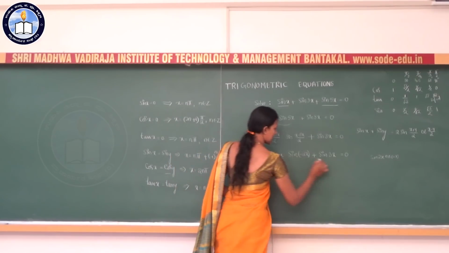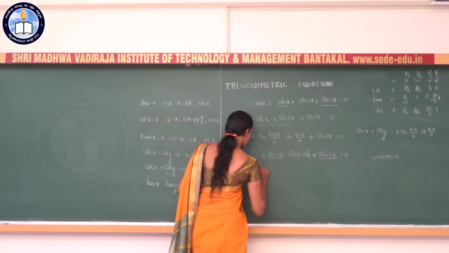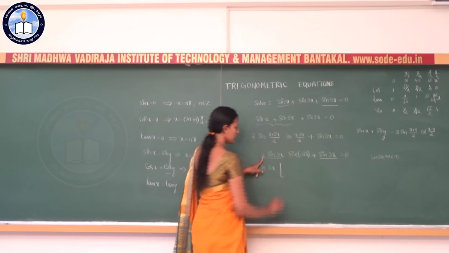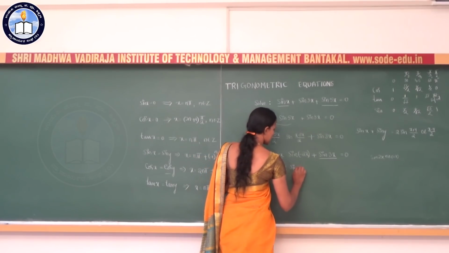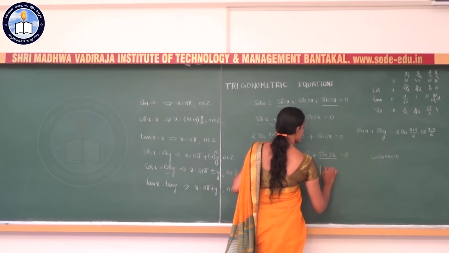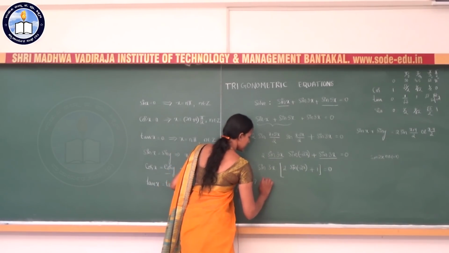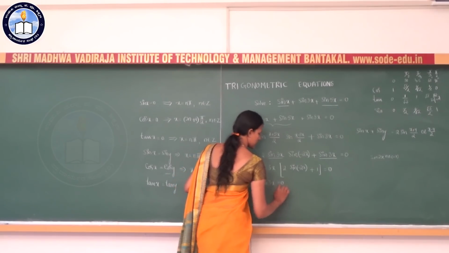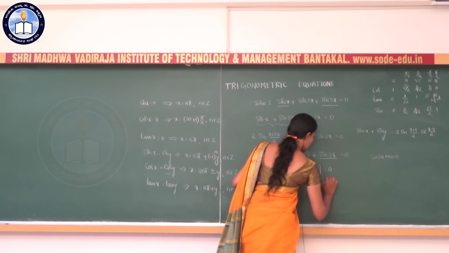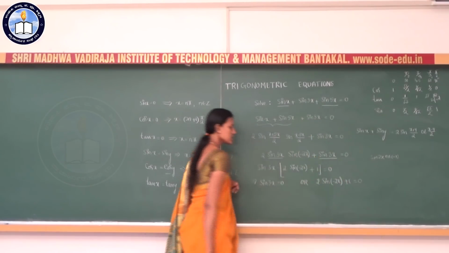Now, we see that sine of 3x is a common factor in the two terms. So, we will be taking it out, sine of 3x. When we take it out, here we have 2 sine of minus 2x plus 1 is equal to 0, which implies either the first factor sine 3x is 0 or the second factor 2 sine of minus 2x plus 1 is equal to 0.